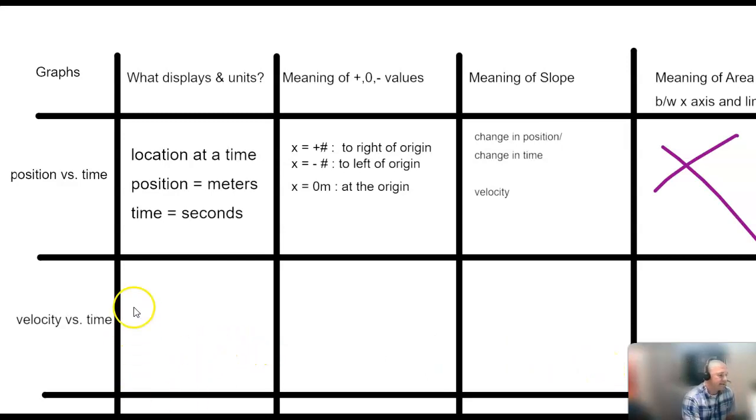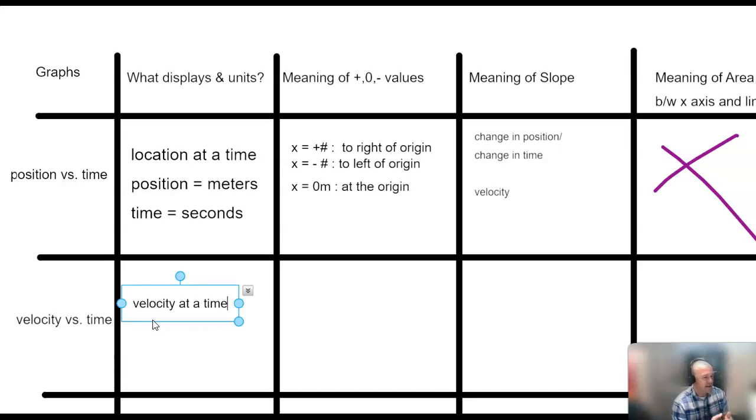Going on to the velocity versus time graph. It shows you velocity, which is the rate of displacement at a certain time.